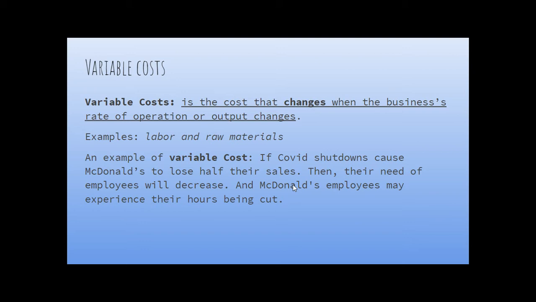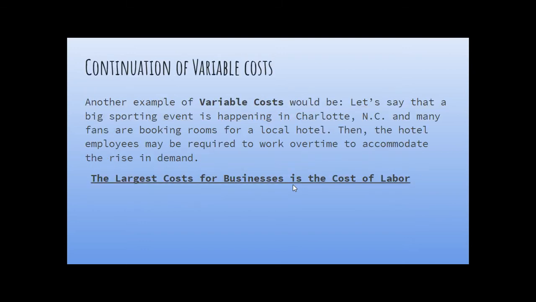So that's going with the example I just provided with the hamburgers and the product. If McDonald's loses half the business, then they can't afford to work the same number of employees for the same amount of time, or they will lose money. And as a continuation, let's say there's a sporting event in Charlotte, North Carolina, and fans want to book a hotel for the night.